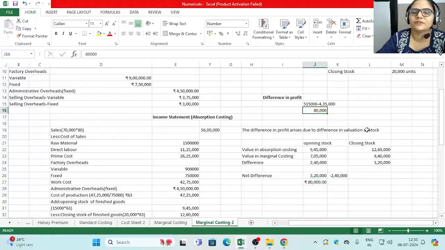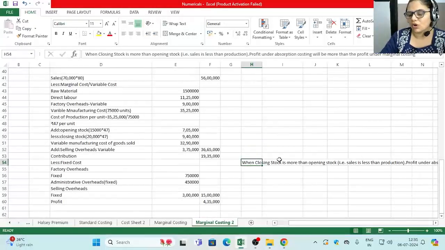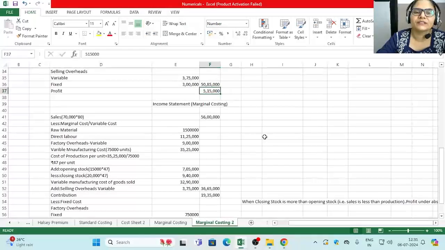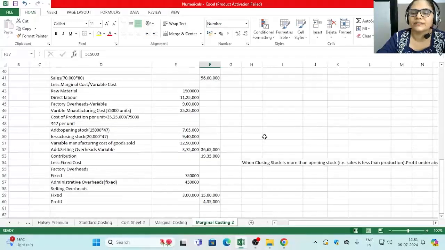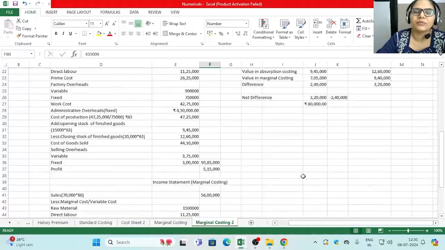A similar difference is found in case of profit. And when closing stock is more than opening stock, profit under absorption costing is more than under marginal costing. Similarly, you can see 5,15,000 is the profit under absorption costing and 4,35,000 is the profit under marginal costing.